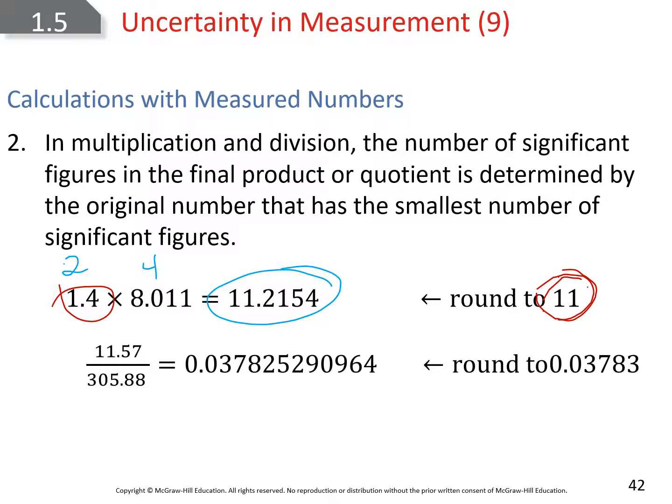The 305.88 has 1, 2, 3, 4, 5 significant digits. The 11.57 has 4, 1, 2, 3, 4. So our final answer can only have 1, 2, 3, 4 significant digits. So we would have to round our final answer to be 4 significant digits.